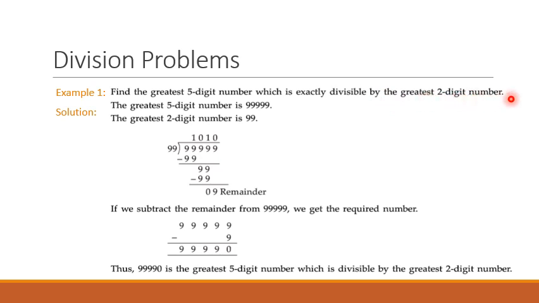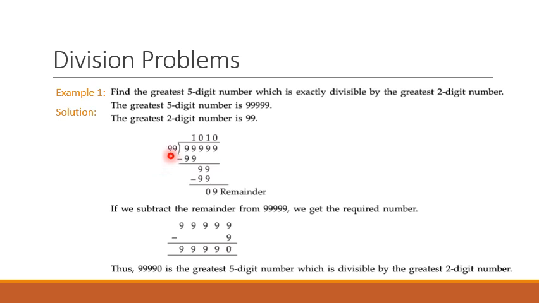Now to solve such problems, we know the greatest 5-digit number is 99,999 and the greatest 2-digit number is 99. So we divide 99,999 by 99. So when we divide, what we get?